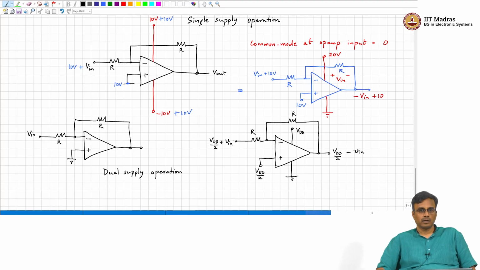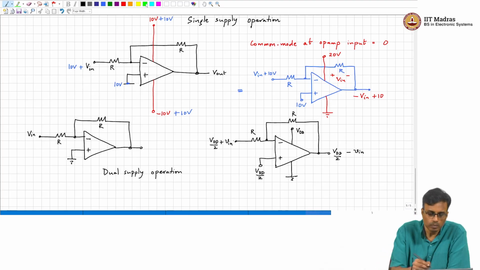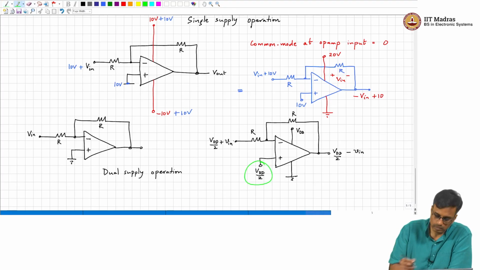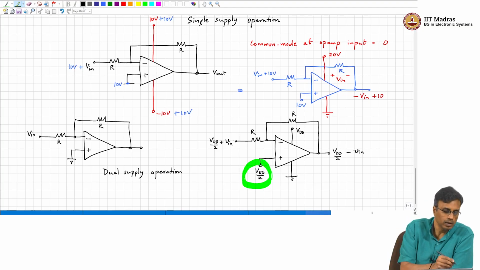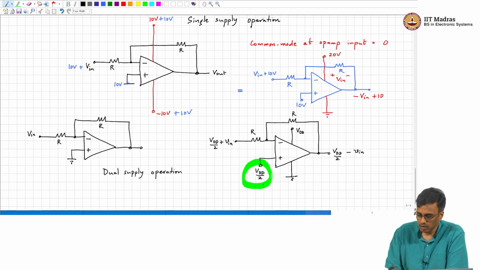Okay. So, this VDD by 2 is often called the analog ground.